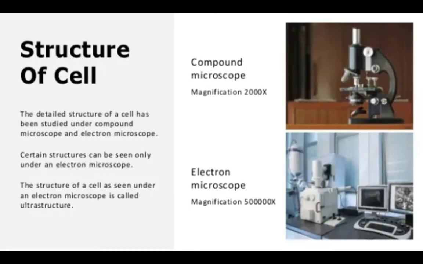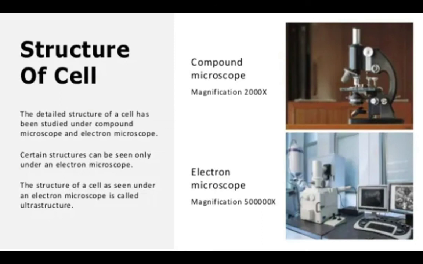Now the structure of the cell. The detailed structure of a cell has been studied under a compound microscope or an electron microscope. You can write this: compound microscope and electron microscope. Certain structures can be seen only under an electron microscope.